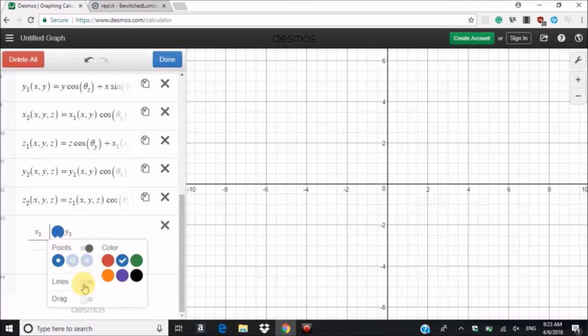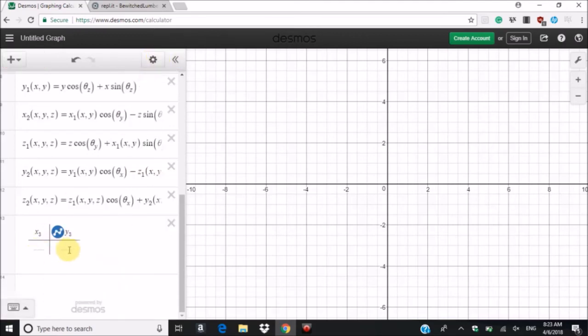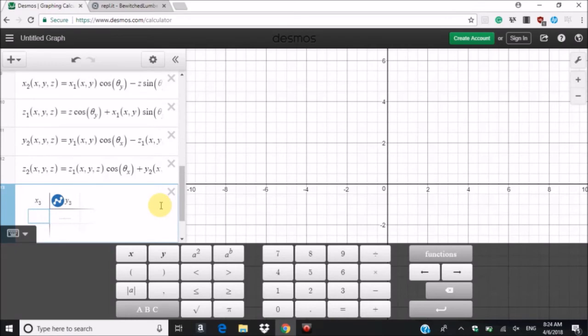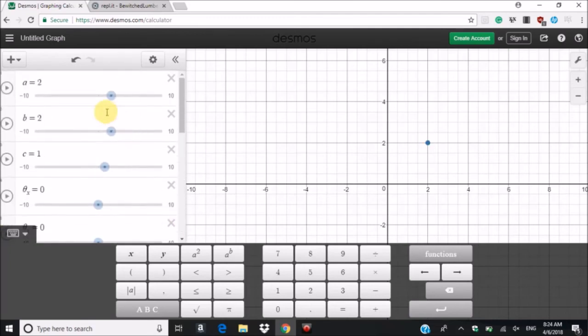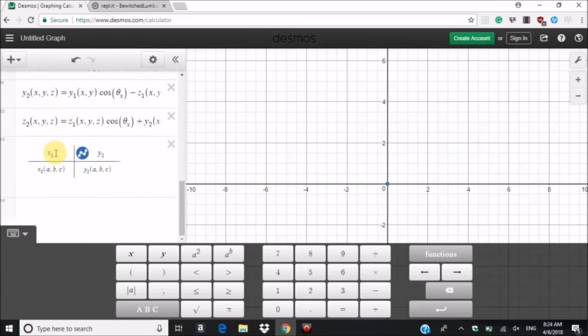So this we want lines on. This would be x2, and that was 0, 0 now. Just add the width and height.